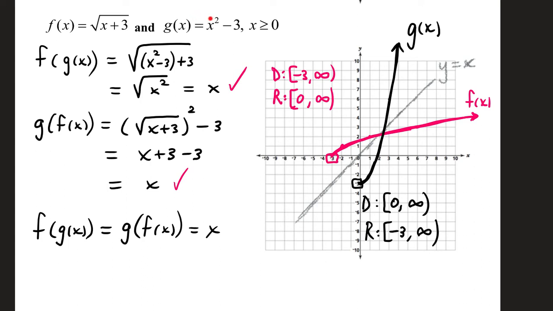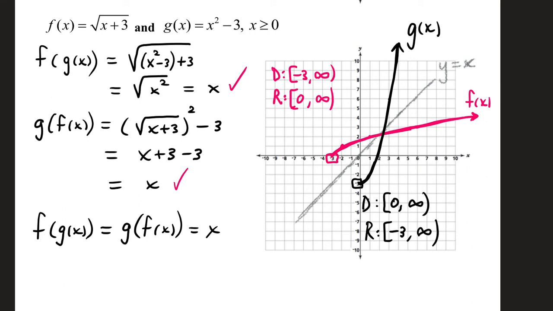Function g is a quadratic function. Quadratic functions with a positive x squared term look like valleys. Now we know from our previous sections that this graph should be more than what we see, and that's true. That's a valley.